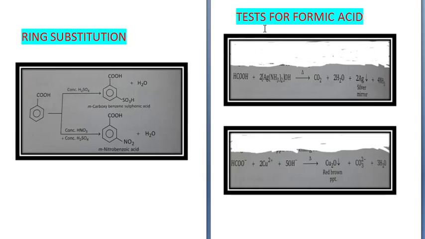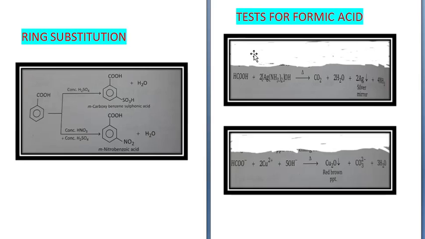Formic acid gives effervescence, that is bubbles of carbon dioxide, with Na2CO3 or NaHCO3, be it sodium carbonate or sodium bicarbonate. When formic acid is mixed with it, bubbles of carbon dioxide come out. So carbon dioxide escapes from there. That is called effervescence.